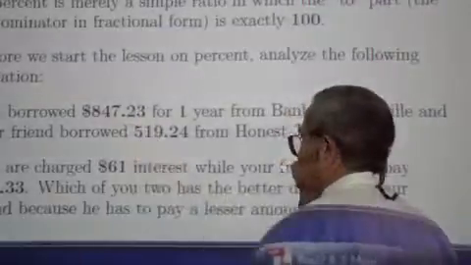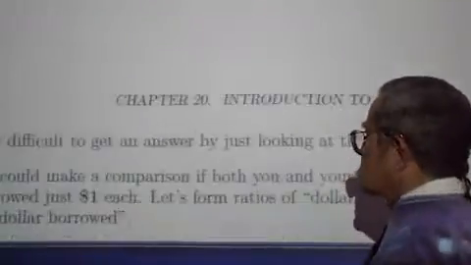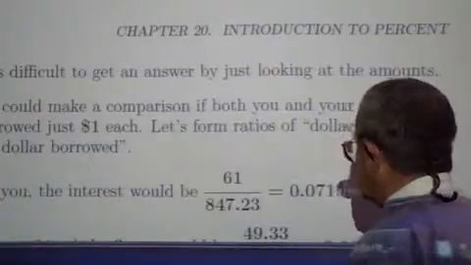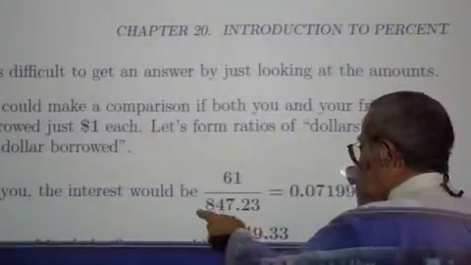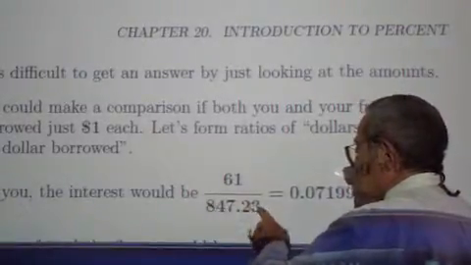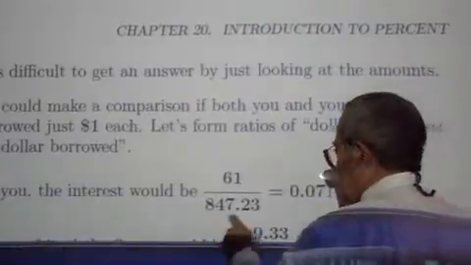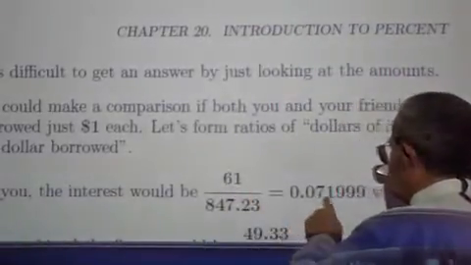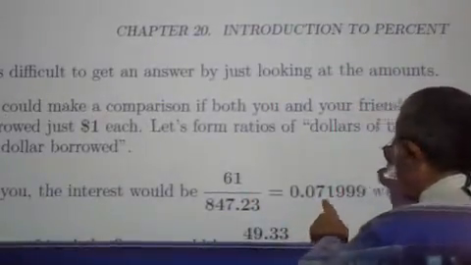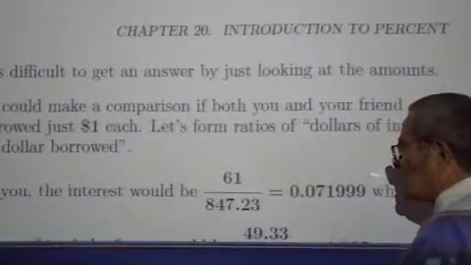The amounts are different. But suppose that instead of having different amounts, we find out how much we pay in interest per $1. Divide 847.23 into 61, you get about 7.2 cents per dollar.